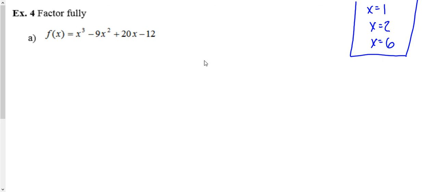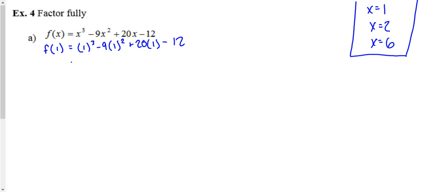So step 1, let's factor this out, and we're going to use f at 1 as one of our examples here to test it out. We're looking for a 0, by the way, just to make sure that it's factorable. So 1 cubed minus 9 times 1 squared plus 20 times 1 minus 12.